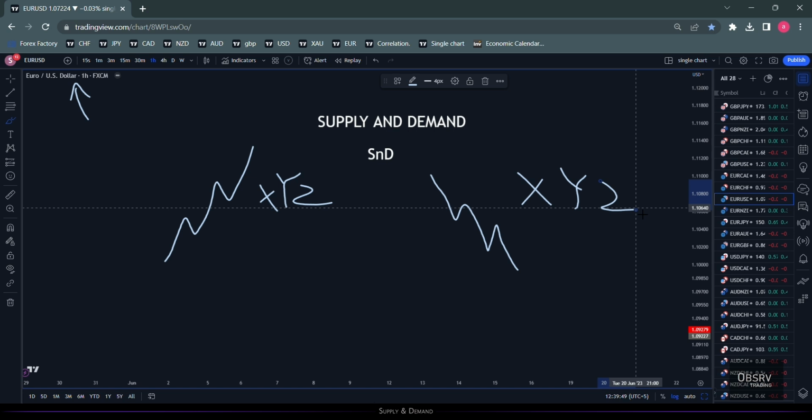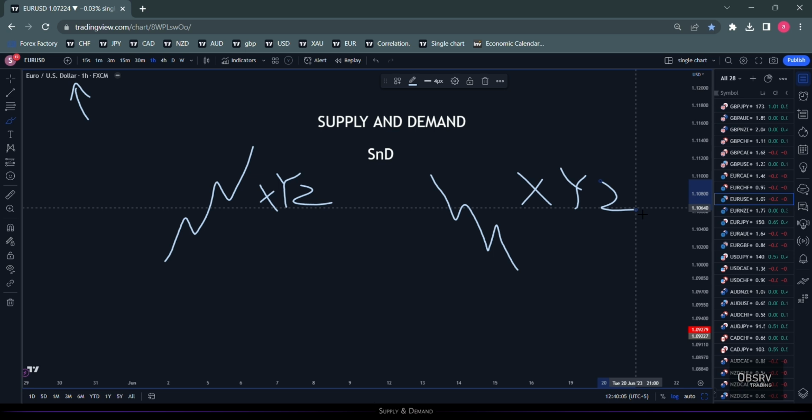And the same but opposite is true for demand. If the price shoots up from a certain area, breaking through some important resistance, it is creating new areas of interest for buyers as the price comes back down there.